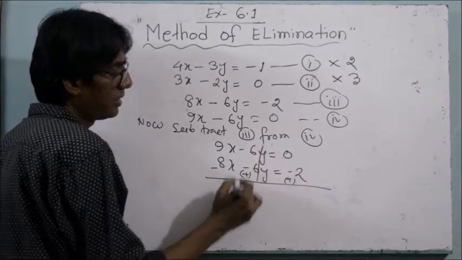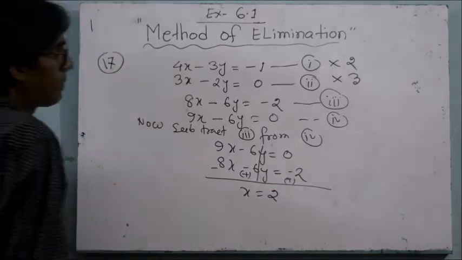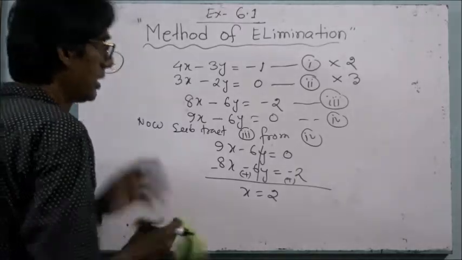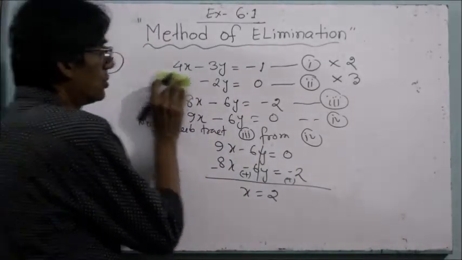So 6y is omitted. Now the value of x is 2. Clear? Now apply the value of x in any one equation, either 1 or 2. Then we will get the value of y.